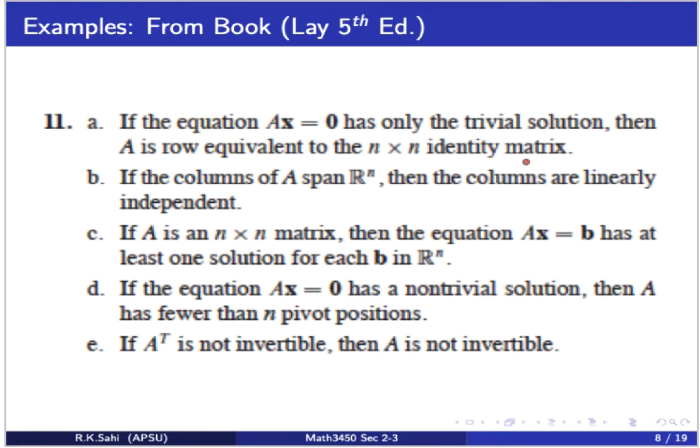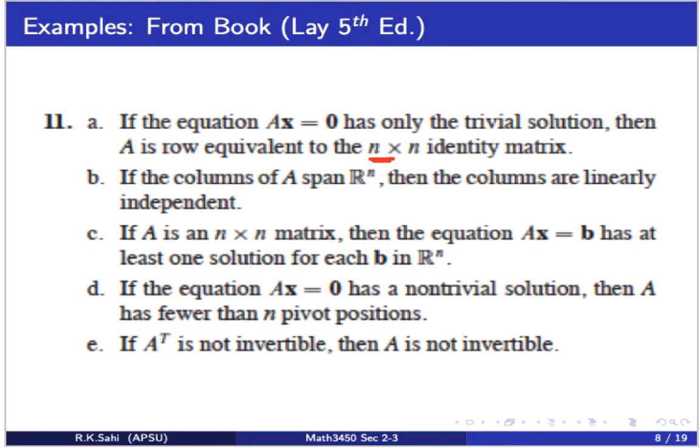Now remember, we're deciding whether this is true or not. So we have to think back to what kind of matrix we have. We have an n cross n matrix.